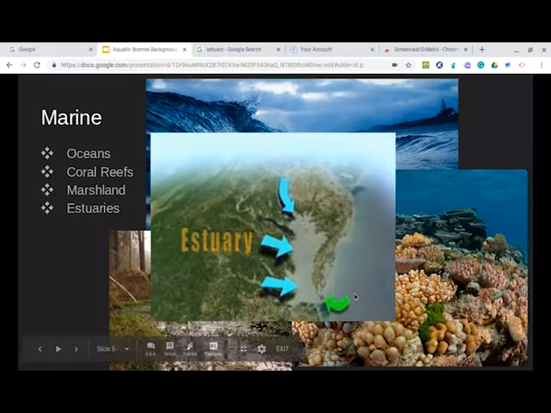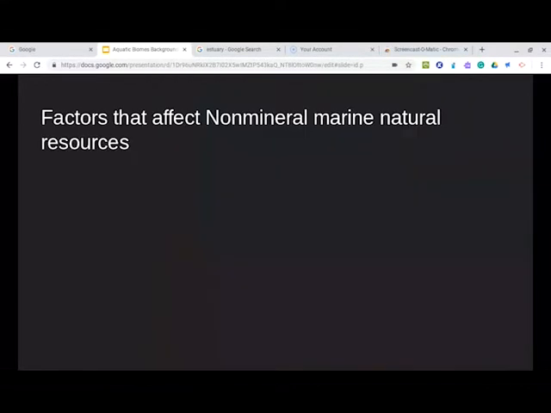Here we have the Chesapeake Bay, which is, I think, the largest estuary in North America. And here you have rivers like the Susquehanna dumping into this estuary, mixing with the ocean water. So definitely brackish, a mix of salt and fresh water. So that is what an estuary is.